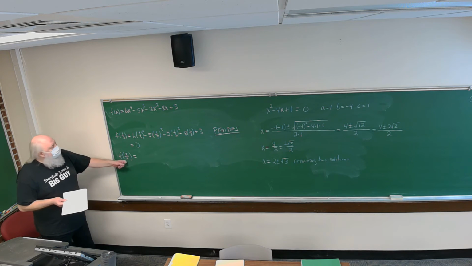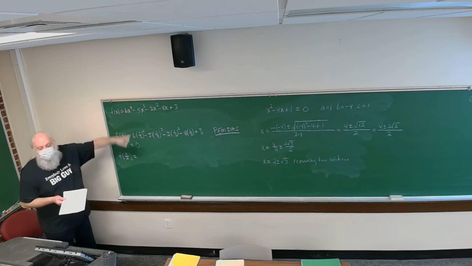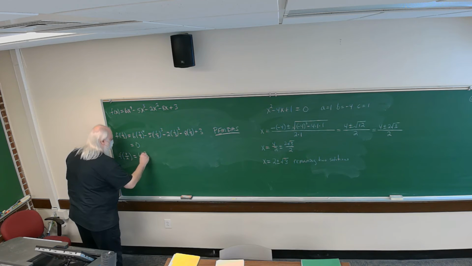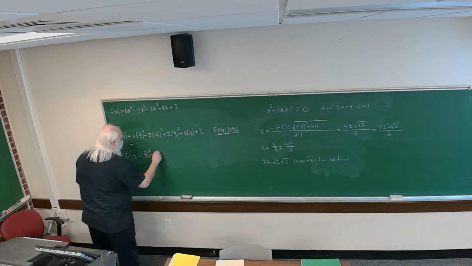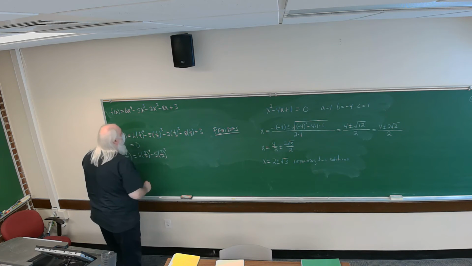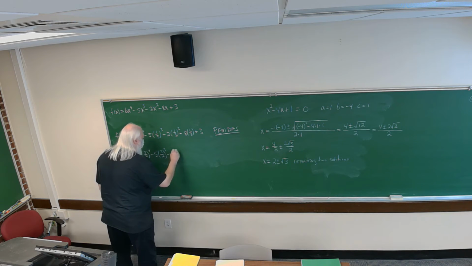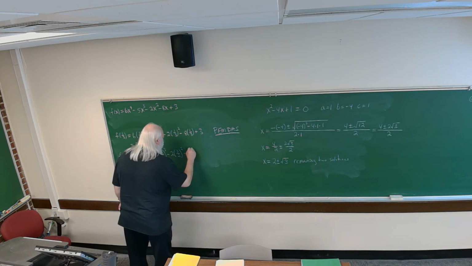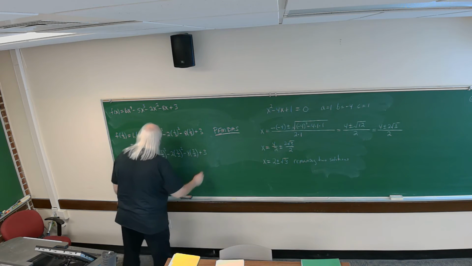Okay. F of 3/2, right? To verify that x equals 3/2 is a 0, you put 3/2 in for x on the right hand side. So 6 times 3/2 to the fourth minus 5 times 3/2 cubed minus 2 times 3/2 squared minus 8 times 3/2 plus 3.